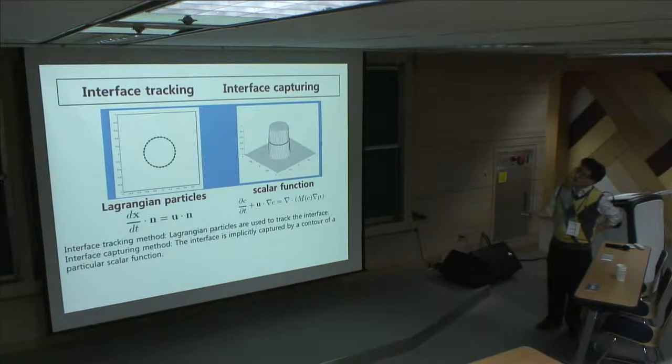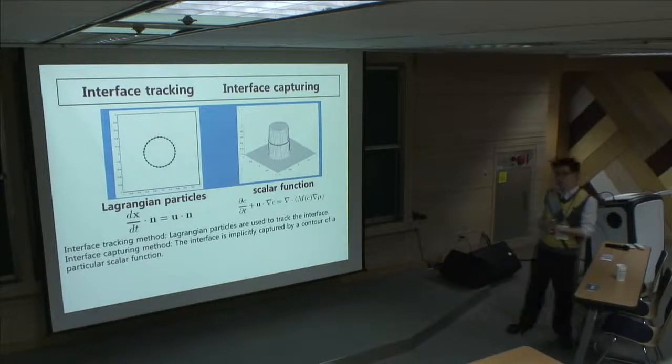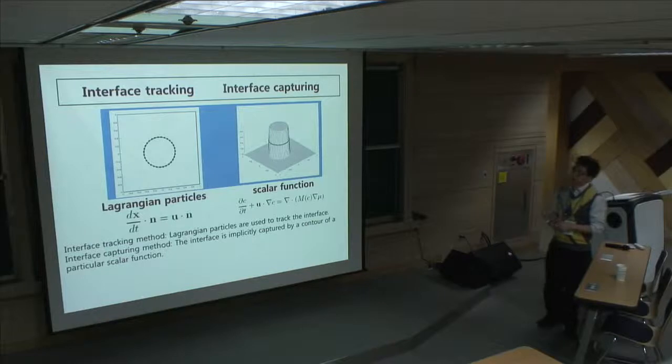For interface tracking, for example, you have the cell membrane. To track the cell membrane, we put particles and then track the particles. The other method is interface capturing. Instead of tracking the interface, we define some scalar function.